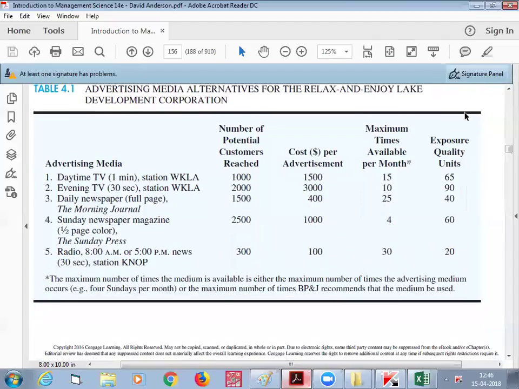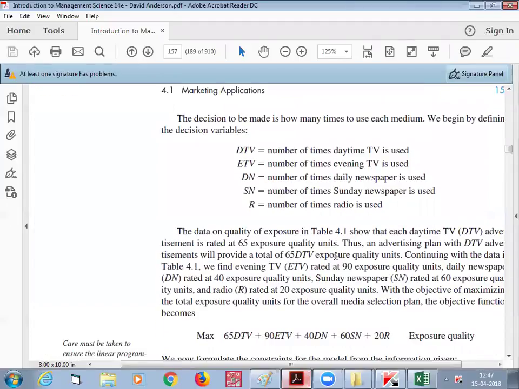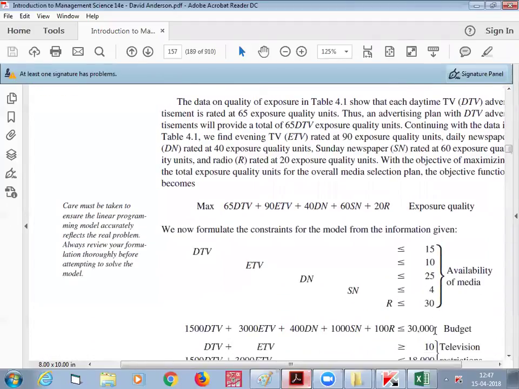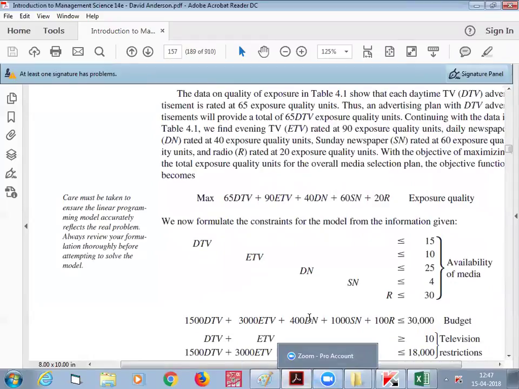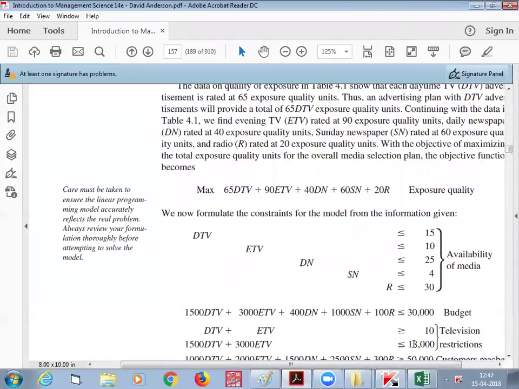So first one is the budget. 1,500 DTV + 3,000 ETV + 400 DN + 1,000 SN + 100 R should be less than or equal to the budget, which is 30,000. Then we wanted at least 10 TV ads, so DTV + ETV should be greater than or equal to 10.